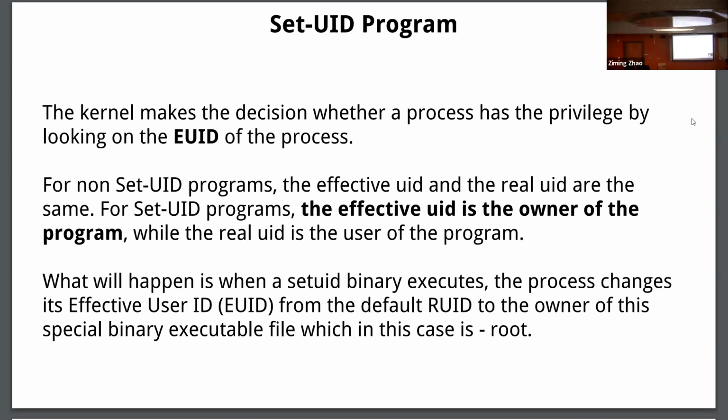The previous programs, we run as user CTF, but the owner is root. If they were not set UID programs, the effective UID would be CTF. However, because they are set UID programs, the effective ID is the owner. And because of that, the operating system will evaluate the permission of the program using the effective ID, not the real ID.